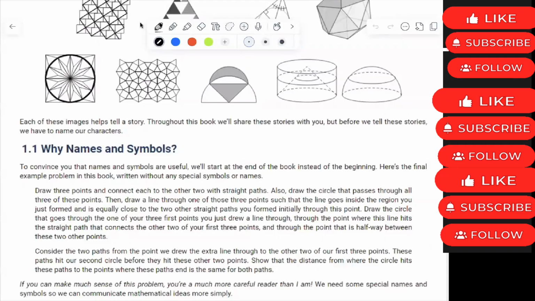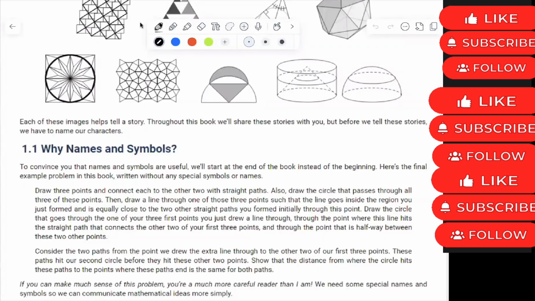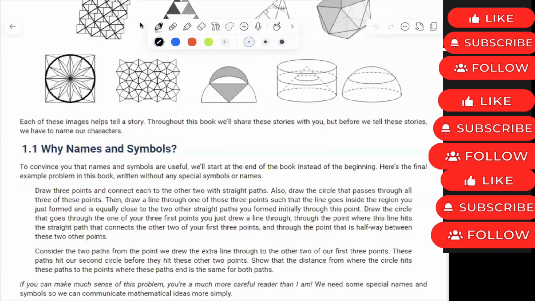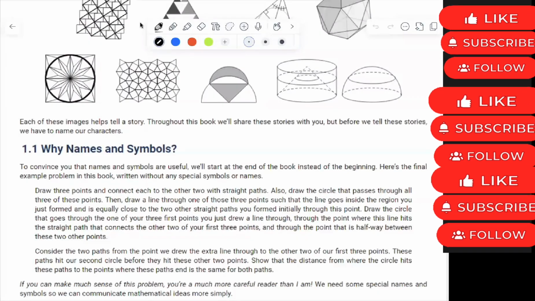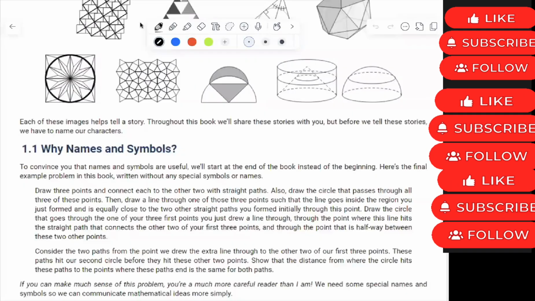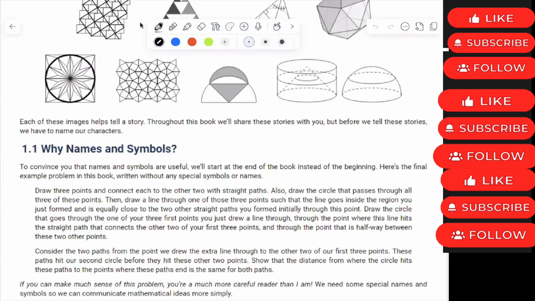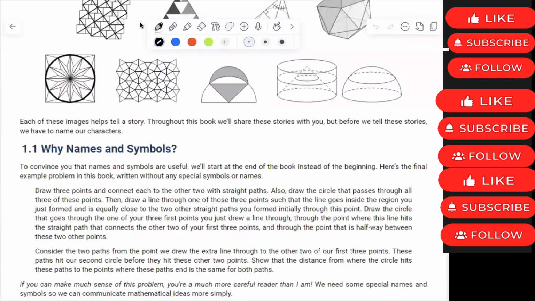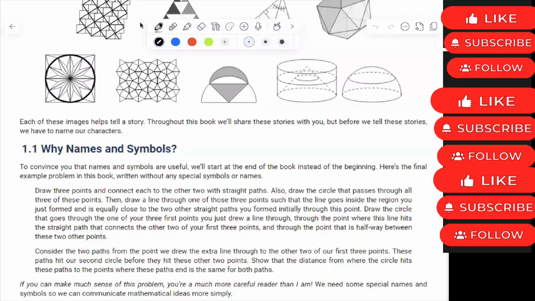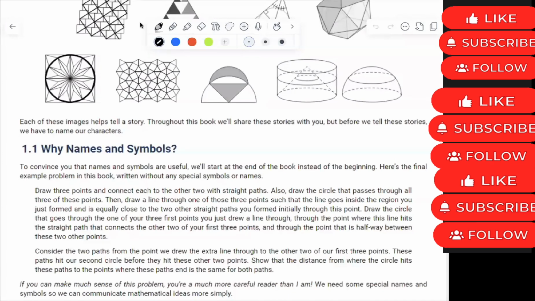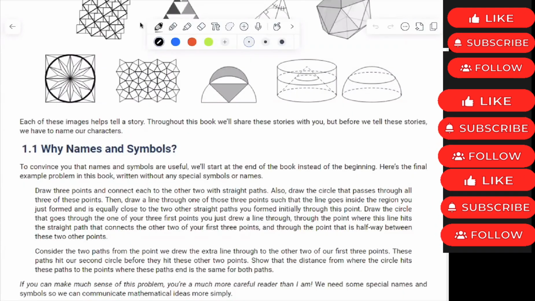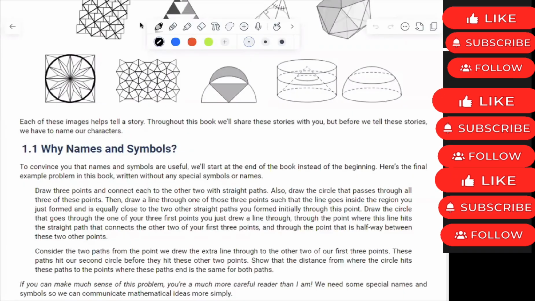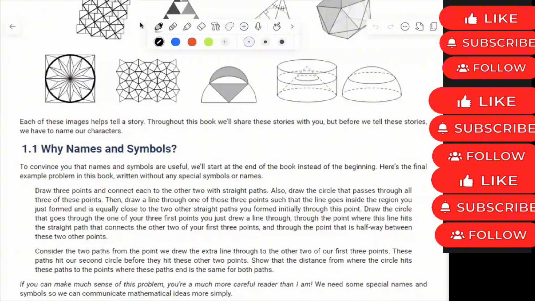Draw a circle that goes through the one of your three first points that you drew a line through, through the point where this line hits the straight path that connects the other two of your first 3 points, and through the point that is halfway between those two other points. It's going to go on a little bit more, but if you can make much sense of this problem, then you're much more of a careful reader than I am, right?